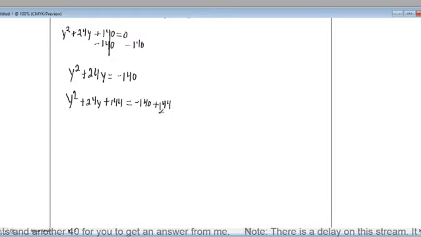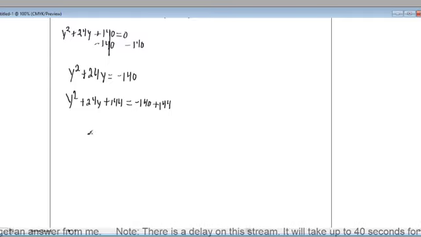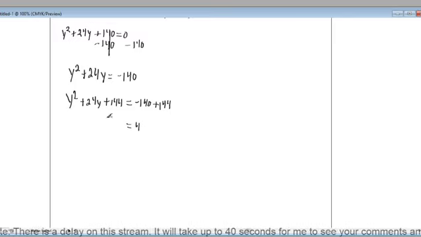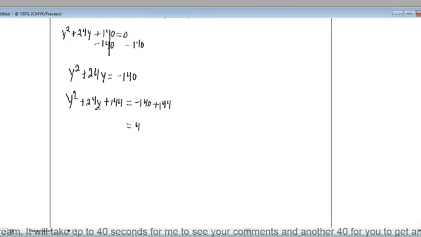So now let's go ahead and combine these, see what we get. So negative 140 plus positive 144 is going to leave us with 4. And so I'm just going to write that down here. Then over here, again, this is a perfect square trinomial now since we added this term, which is half of this squared. And so we know how this factors.